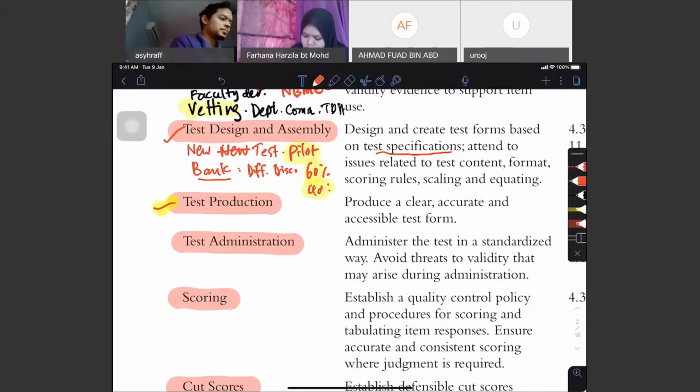By this time it should only be the production: compiling, formatting, printing, and then keeping it somewhere safe until the date of the exam. That includes online examinations nowadays, especially in the COVID period, deciding how to keep and when to upload questions into the online portal.